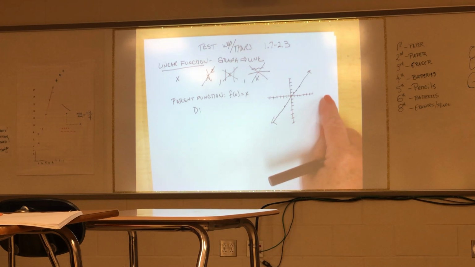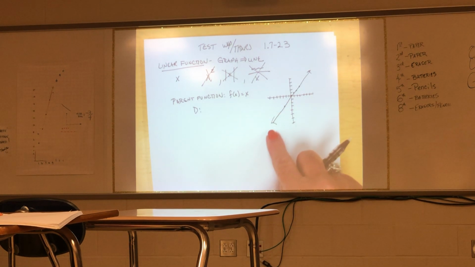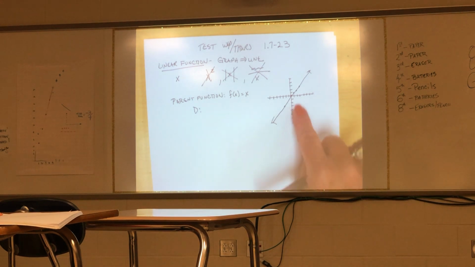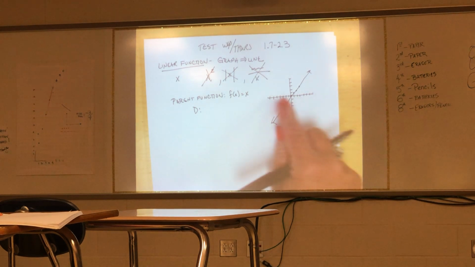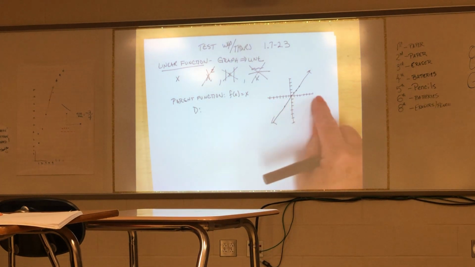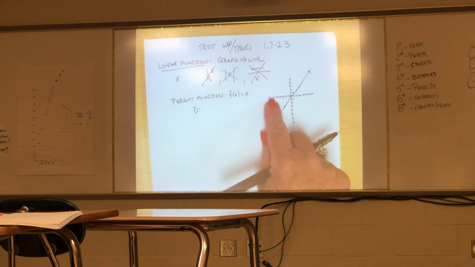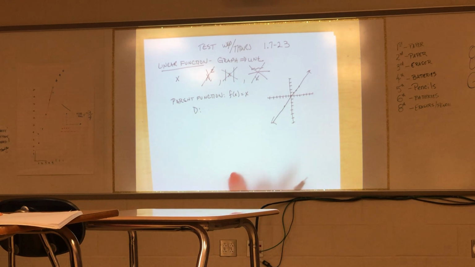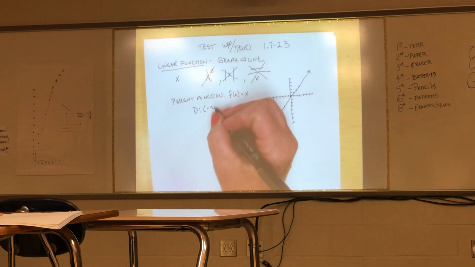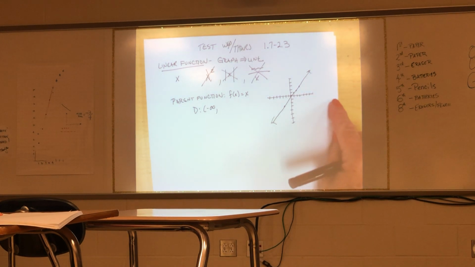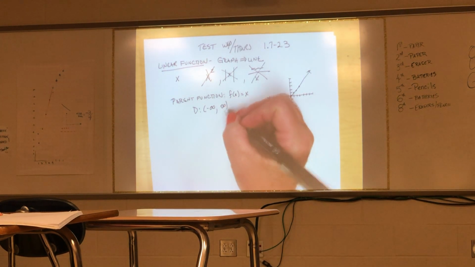This arrow keeps going down and to the left, and it goes up and to the right. So on the x-axis, this function goes all the way to negative infinity, because it keeps going down and to the left. Then it goes up and to the right all the way to positive infinity. Very good.